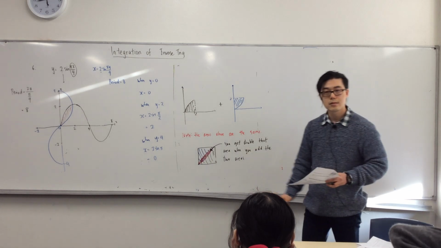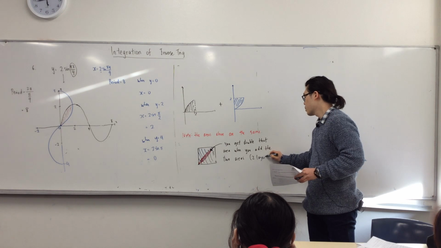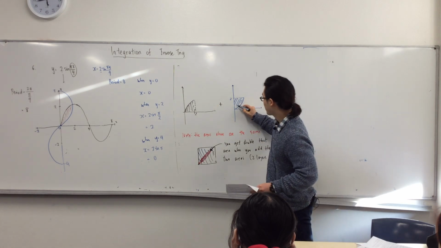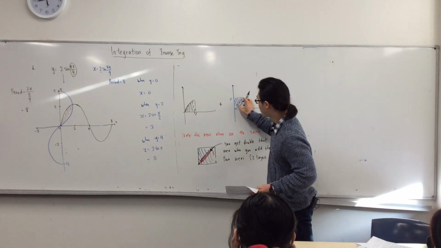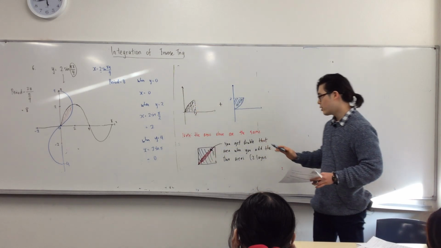Does that make sense? You're getting double, 2 layers. Because when you're adding these two, you're getting that portion twice. One from here, one from there. Okay? So if we're clear on that?